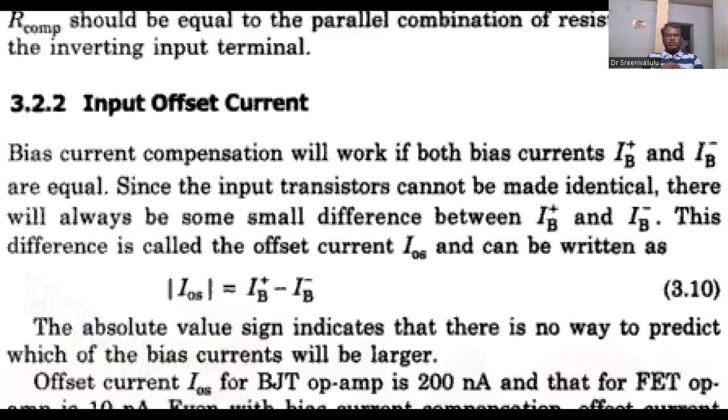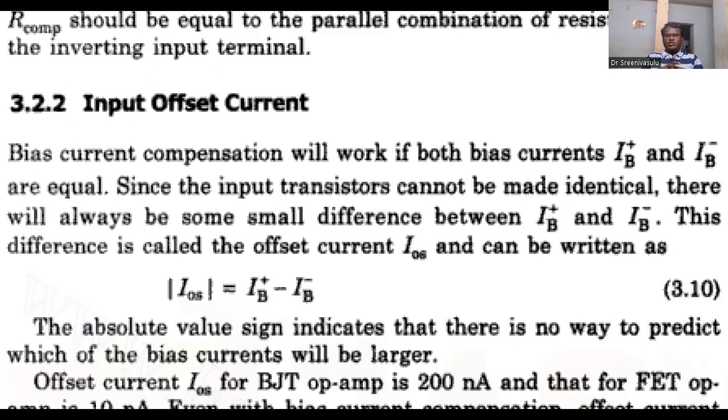In the previous video we have seen input bias current. The input bias current is the average of two currents, that is, at the inverting terminal and non-inverting terminal. Now, today we see input offset current.